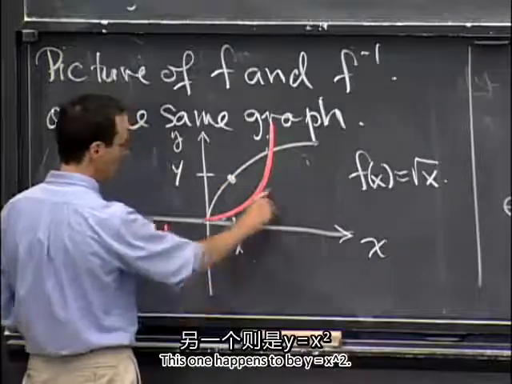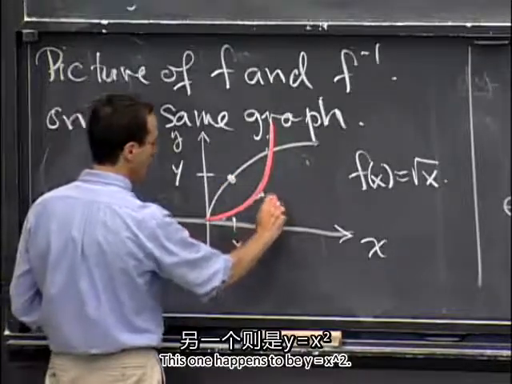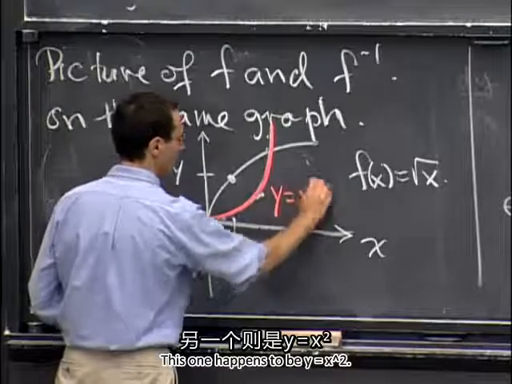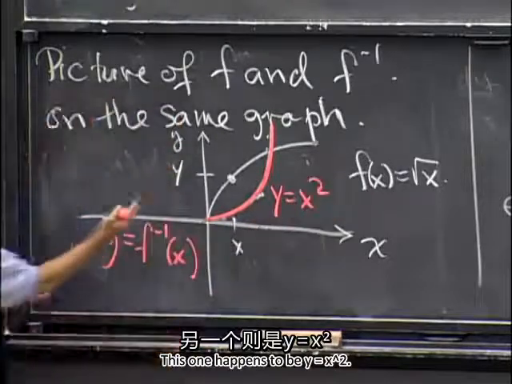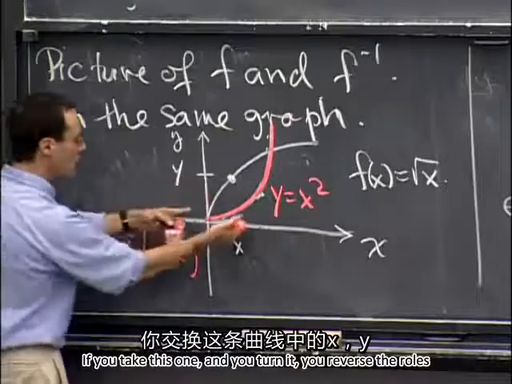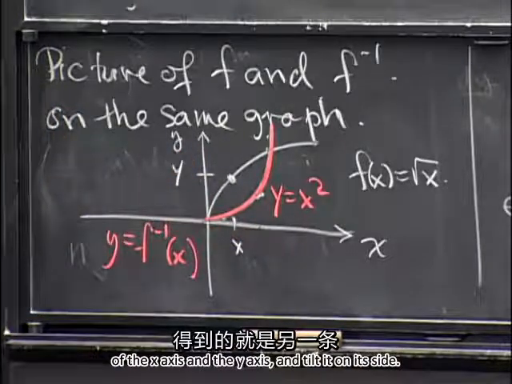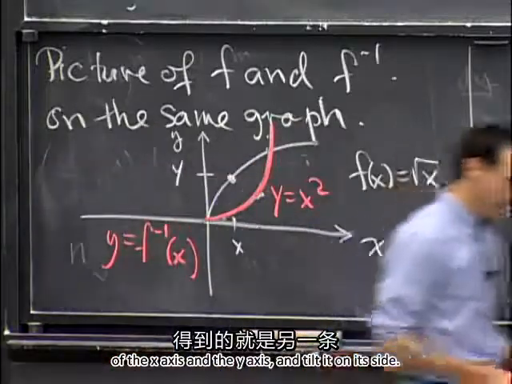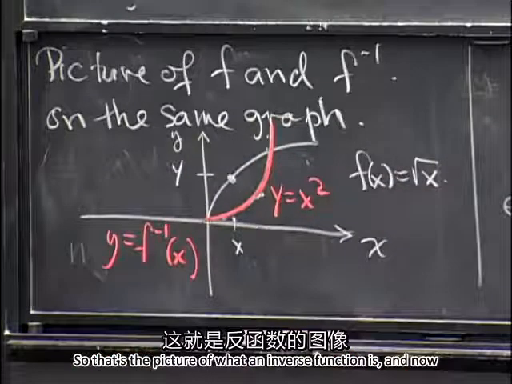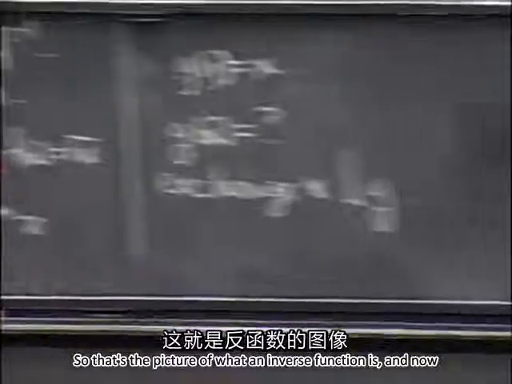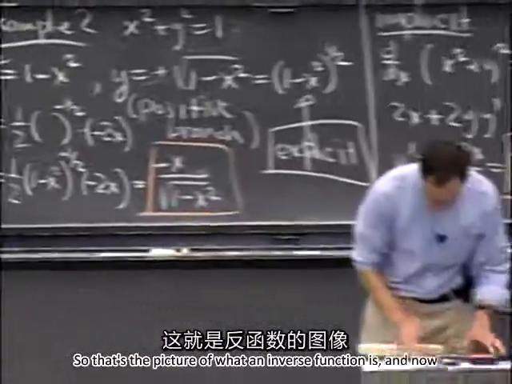This one happens to be y equals x squared. Right? If you take this one and you reverse the roles of the x-axis and the y-axis and tilt it on its side. All right, so that's a picture of what an inverse function is.